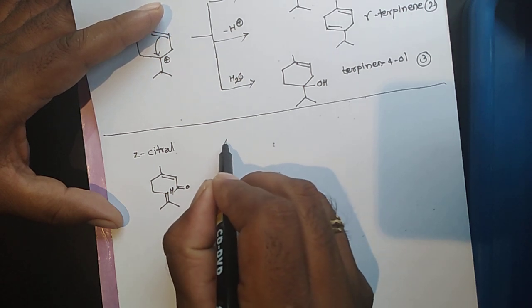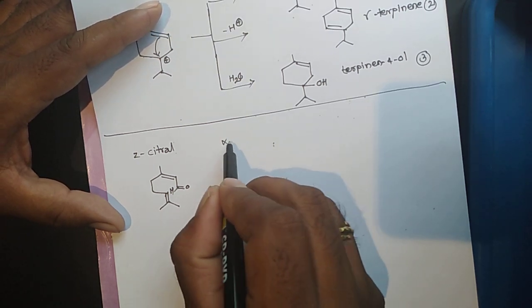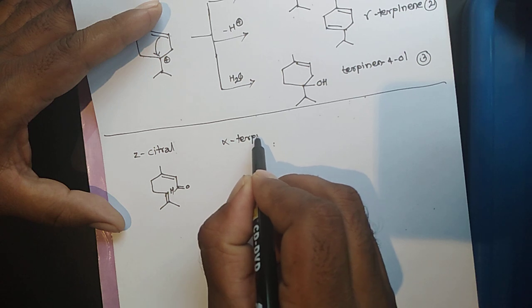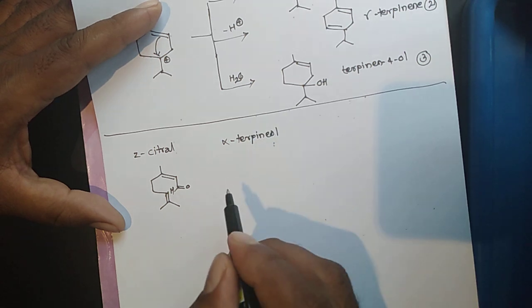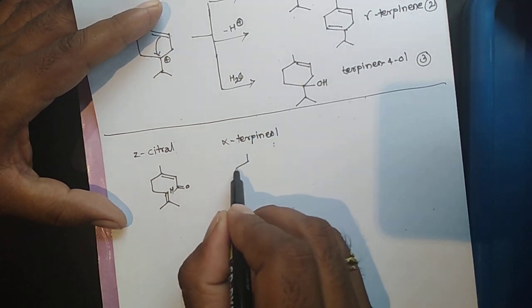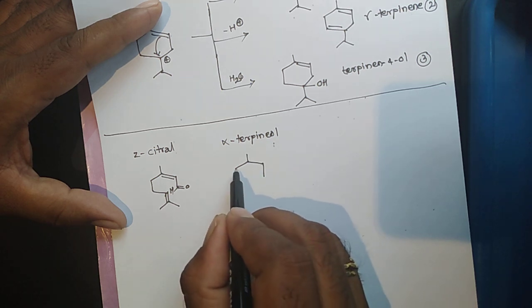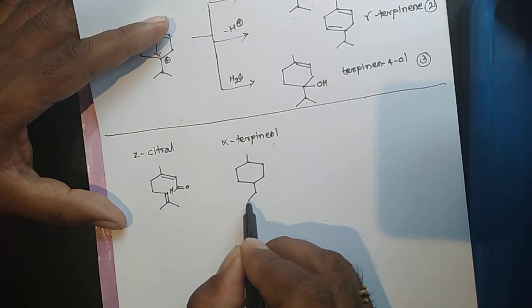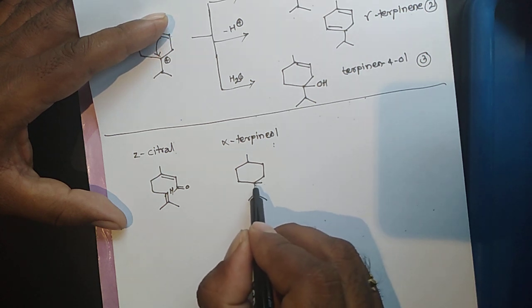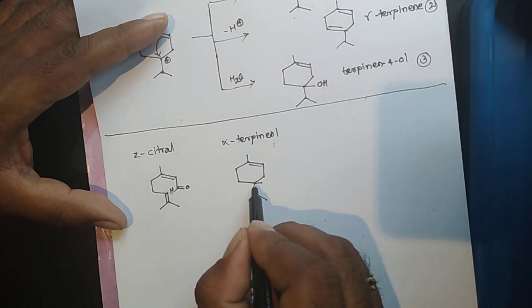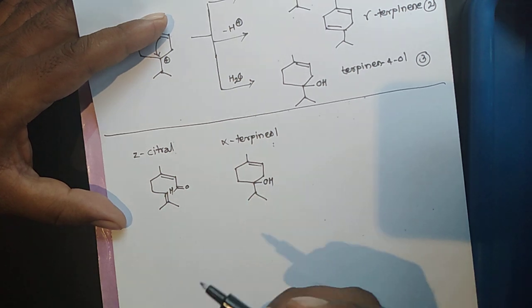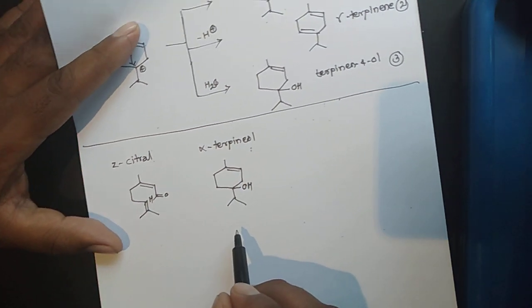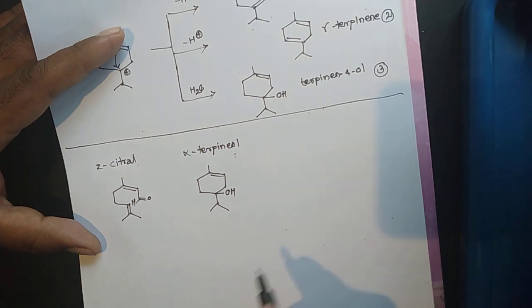Another compound which we have learned is alpha terpineol. Just now we have drawn the alpha terpineol cation. So I hope you can immediately write down, instead of this cation here, what you have to write: OH. So this is alpha terpineol, right?